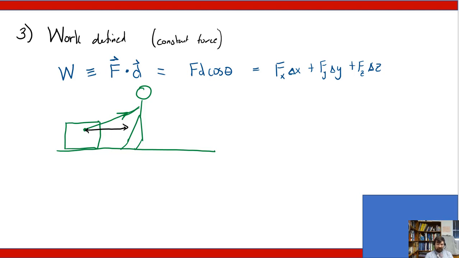So this right here would be my displacement vector. This right here would represent the magnitude of that vector. This angle between them is angle theta from this equation. So this is the force, this is the displacement, this is the angle theta. And that's how you find how much work is being done.